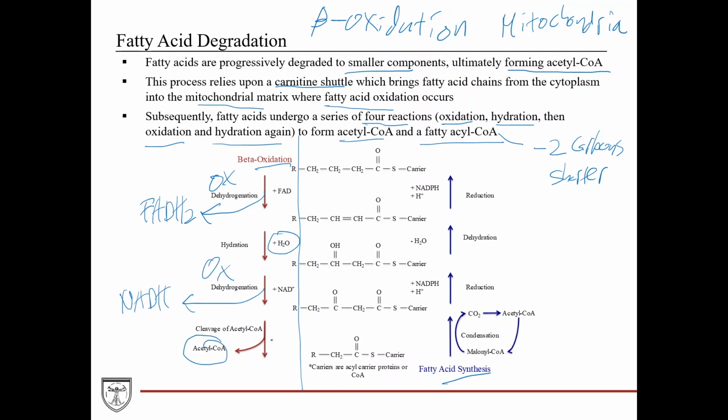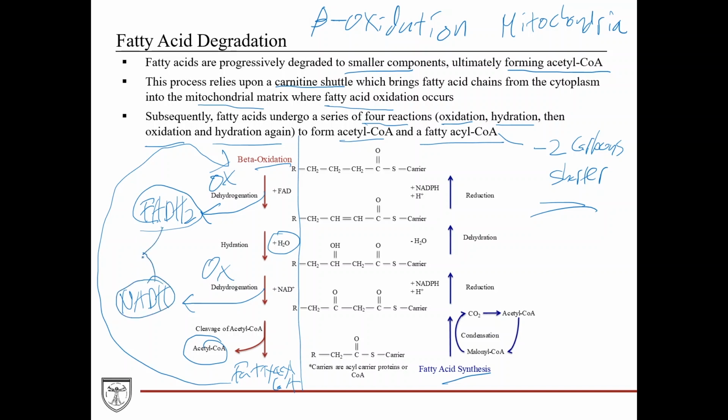So you cleave acetyl-CoA off of that fatty acyl-CoA. And this fatty acyl-CoA, again, remember, is 2 carbons shorter. And so this part can then go back up here and go through the process again. These two, the FADH2 and the NADH, they can both go directly to the electron transport chain and generate ATP.